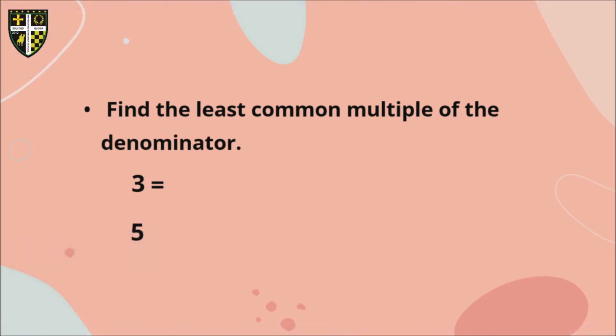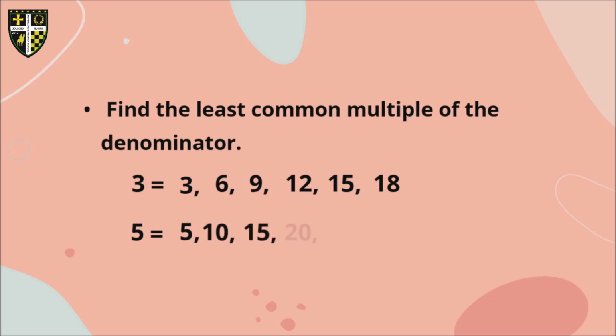Very good. First we will list down the multiples of 3, which are 3, 6, 9, 12, 15, 18, and let's move to 5: 5, 10, 15, 20, 25, and 30.